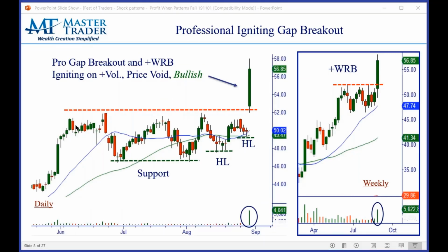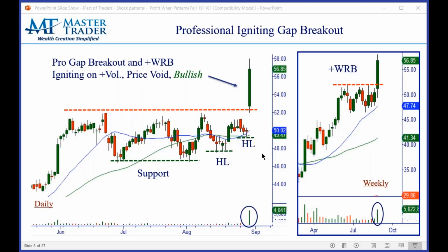This stock was in a multi-month trading range, just shorting the highs, shorting the lows. So whether you're a bull or bear in here, but these three red bars are the bears. Now, what happened on this particular day is look at the gap. And we don't care the reason of the gap. It could be earnings, it could be good news, it could be bad news.